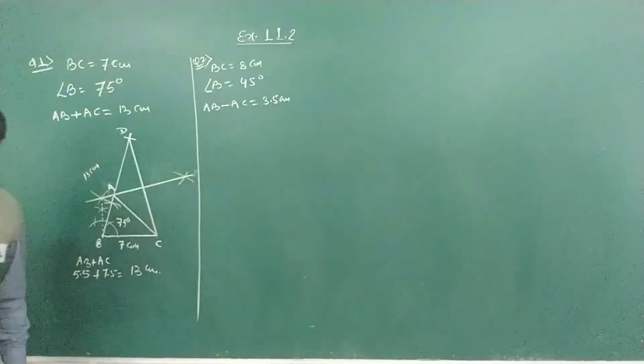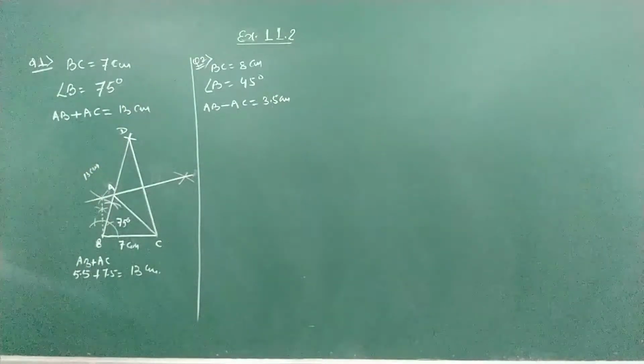And I told you, when you construct the second and third type of triangle, when the difference is given, you need to find out whether the difference is in sequence or not.